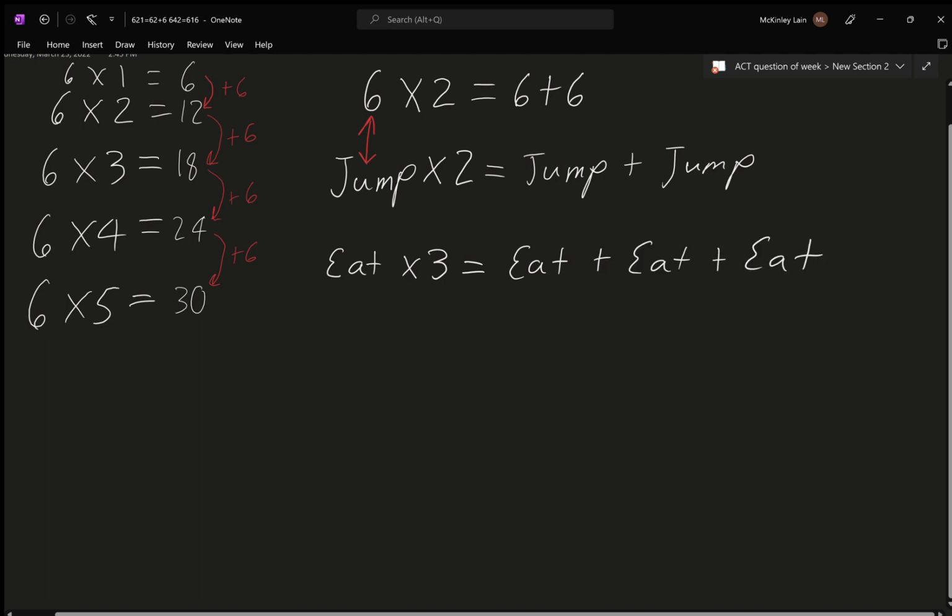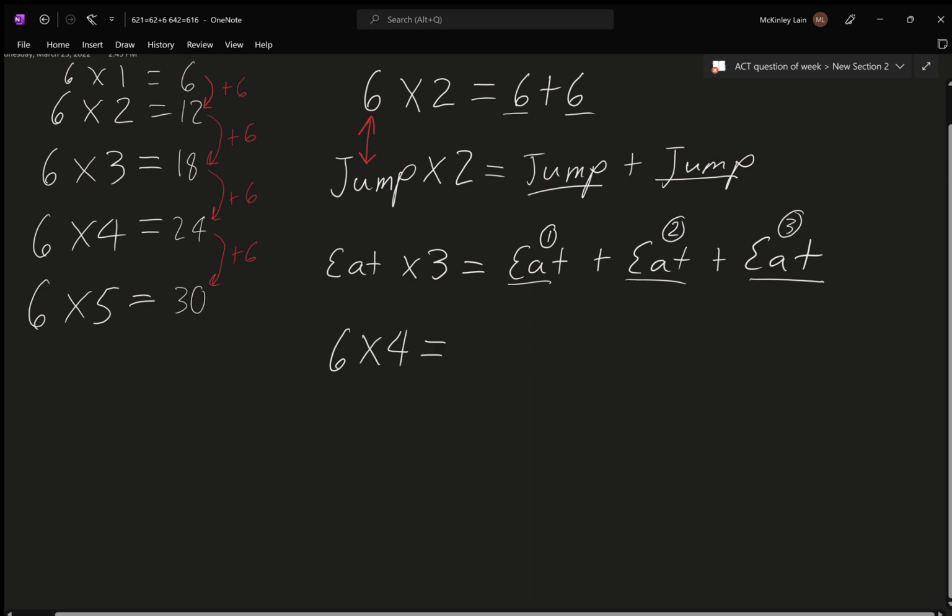So we eat 3 times a day. 1, 2, 3. Now remember that each of these eats, each of these jumps, and each of these 6's are the exact same, okay?